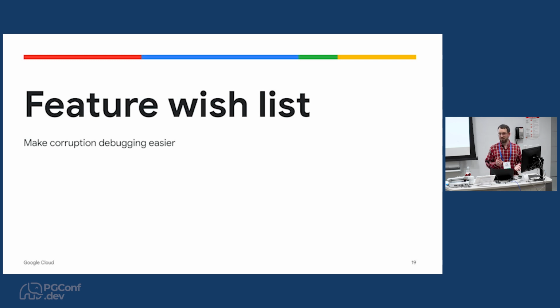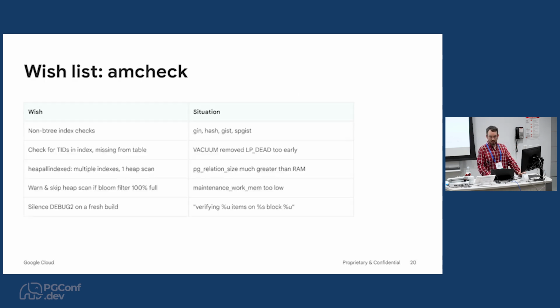This did lead me to some feature wish list items for things that could make diagnosing this kind of thing easier. So I'll just share them quickly. It'd be great to have amcheck for more access methods. It would be great if heapallindexed for a table with multiple indexes had some way not to scan the table for every index.